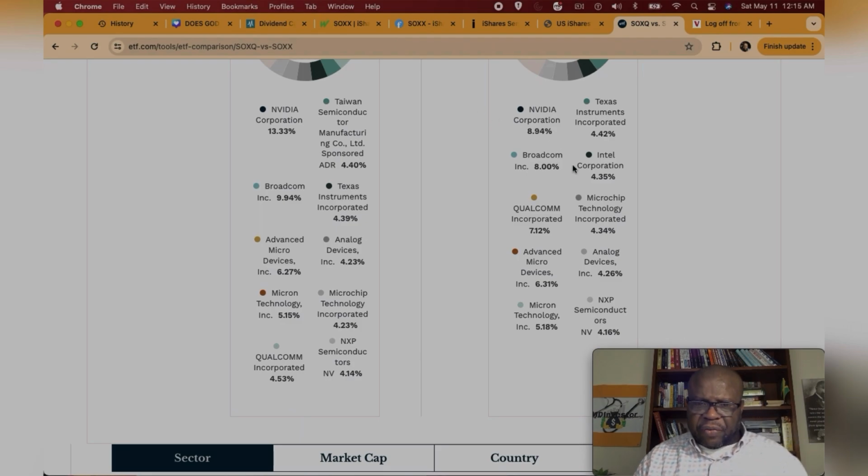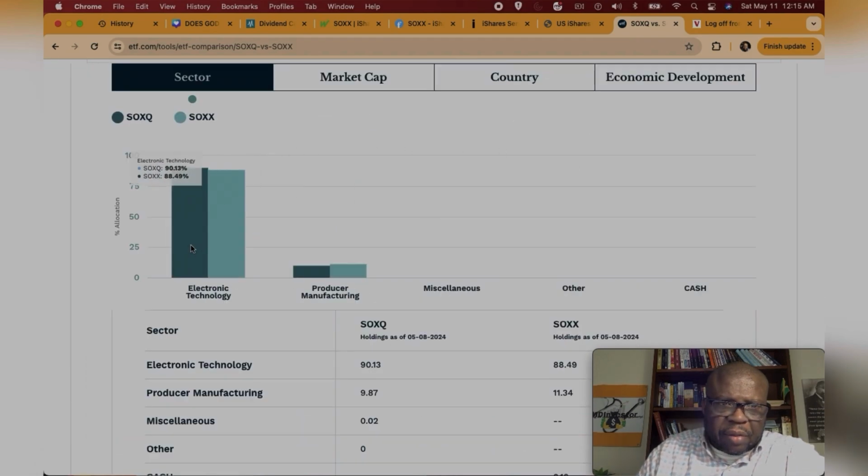I think that's the only difference I see. But otherwise, it's very similar. Similar composition. Almost 90% of the companies are in electronic technology. Producer manufacturing is also very similar.